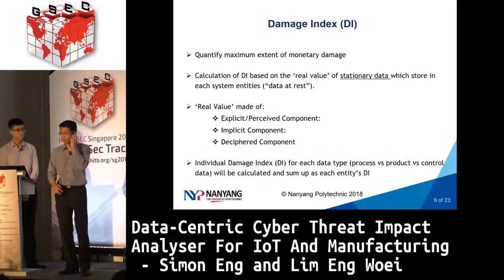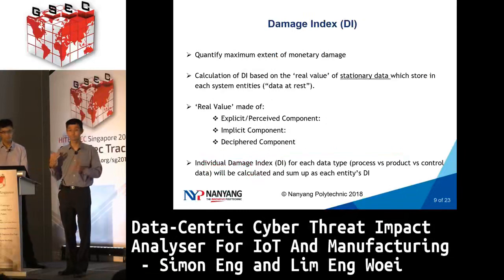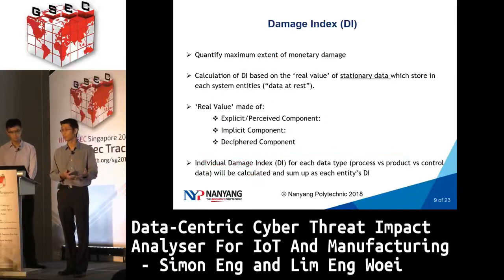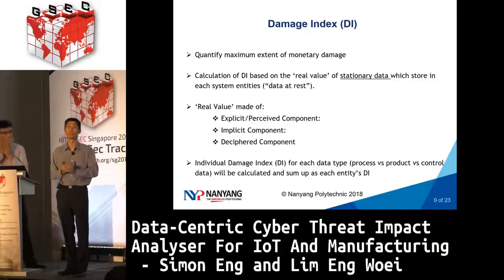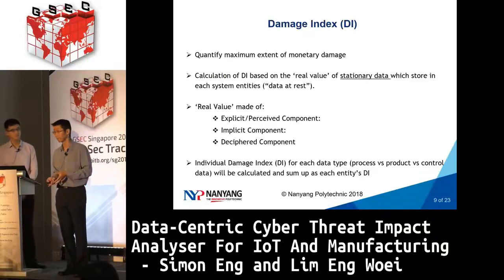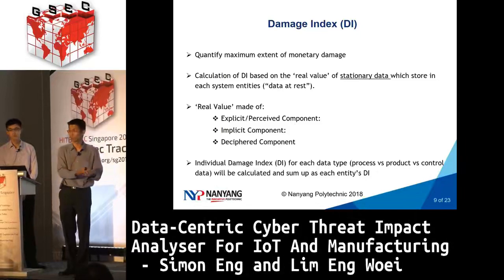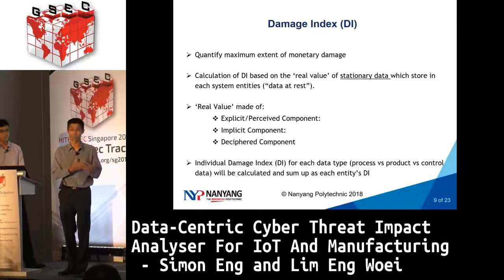As Ingrid has shared, we're going to look at two indexes. One, the damage. In other words, if a certain entity, a machine, or a certain component goes down, what loss are you looking at? That entity can have very high loss, but what is the vulnerability associated with the same entity?